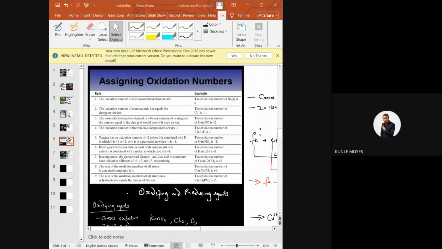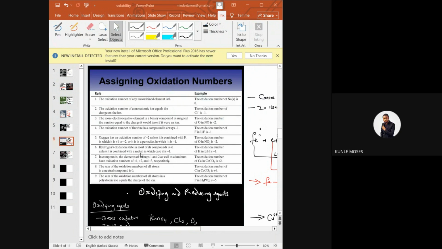Okay, very good. What about calcium hydride, CaH2? Do you know how hydrogen is also -1? Let me calculate it.